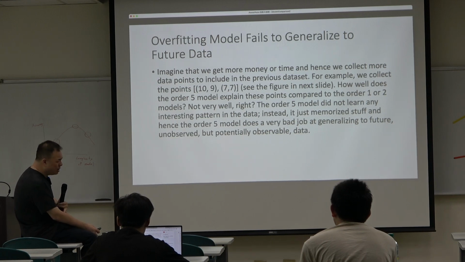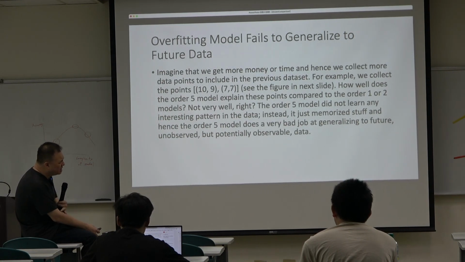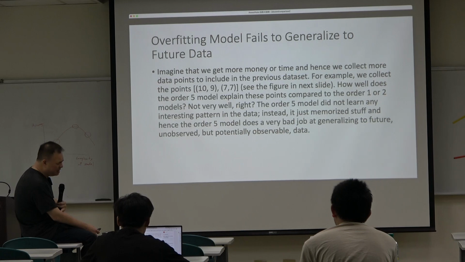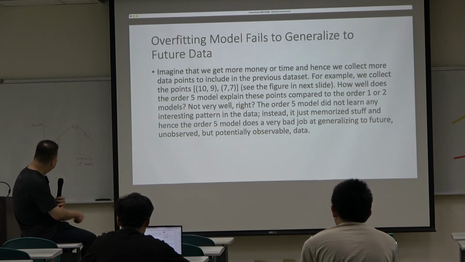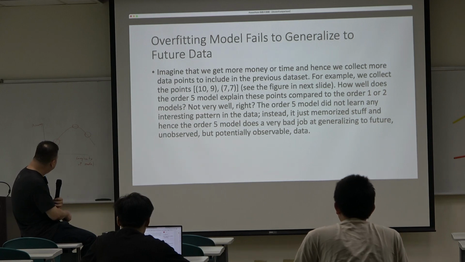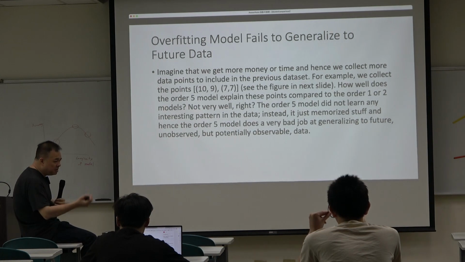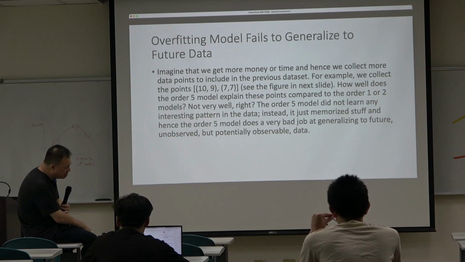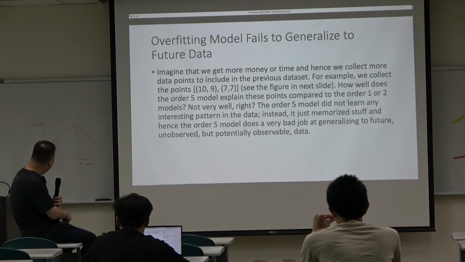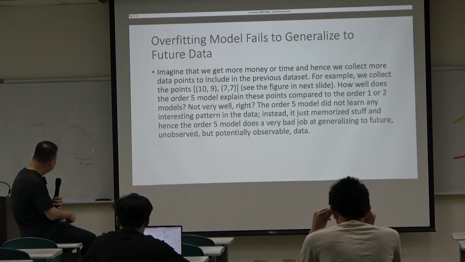So no matter how accurate your training data shows, the accuracy on the training data is not an indication of accuracy for the future data. So for the future data, or the test data, if you allow me to use machine learning jargon, the accuracy and the complexity of the model will look like this.